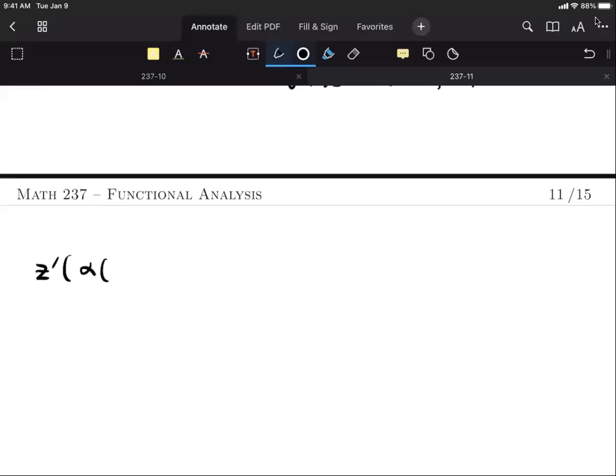So alpha times y1 plus alpha 1 x naught plus y2 plus alpha 2 x naught.